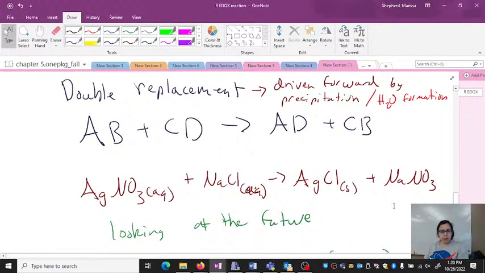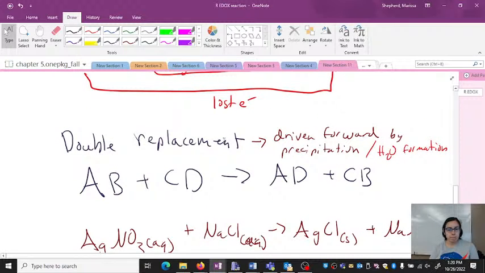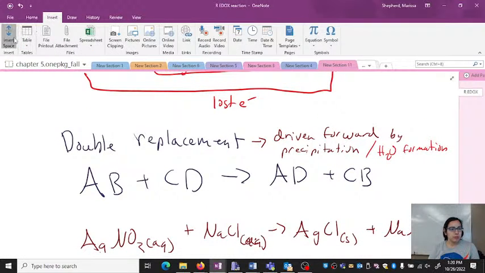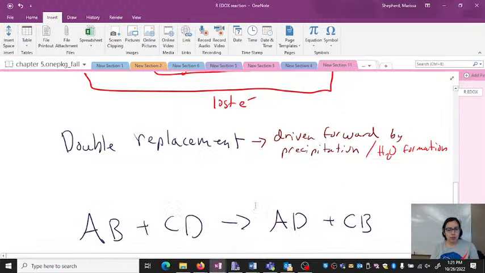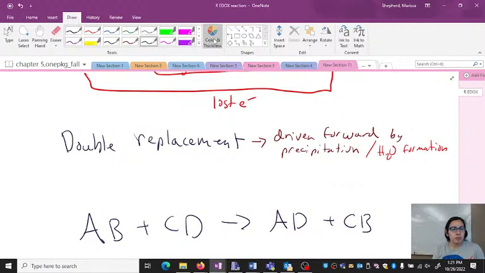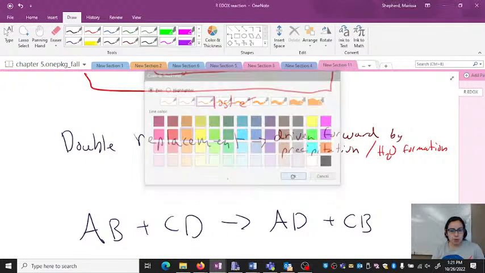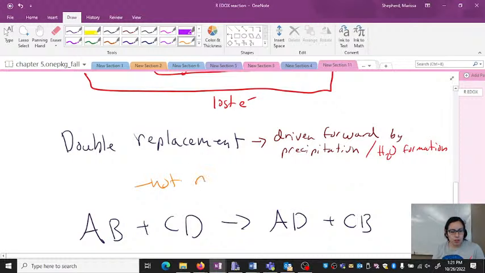And then the other thing about double replacement is they are not redox reactions, at least for the most part.